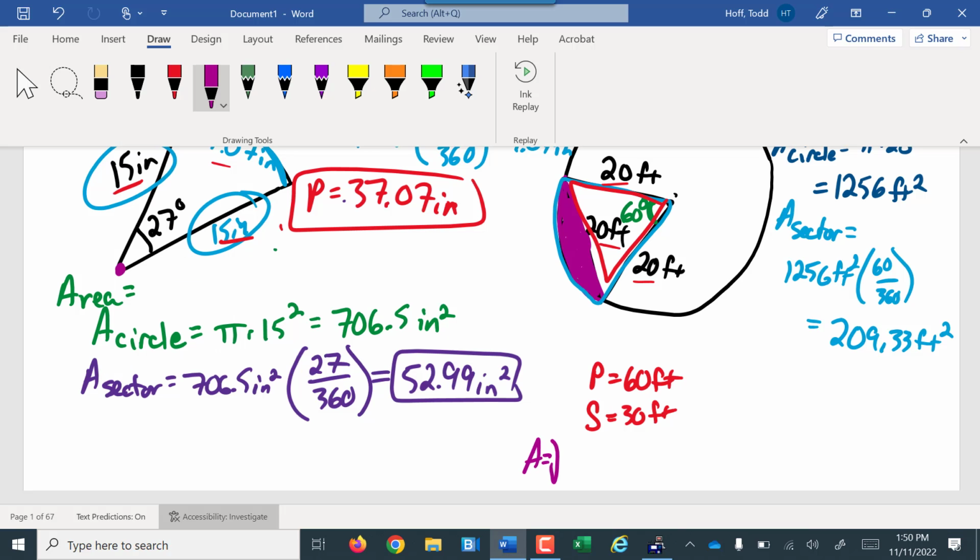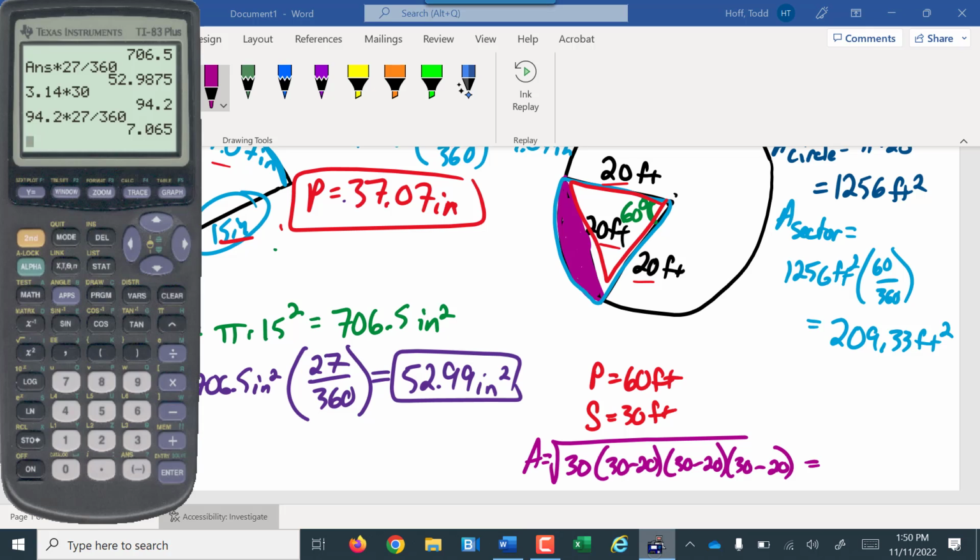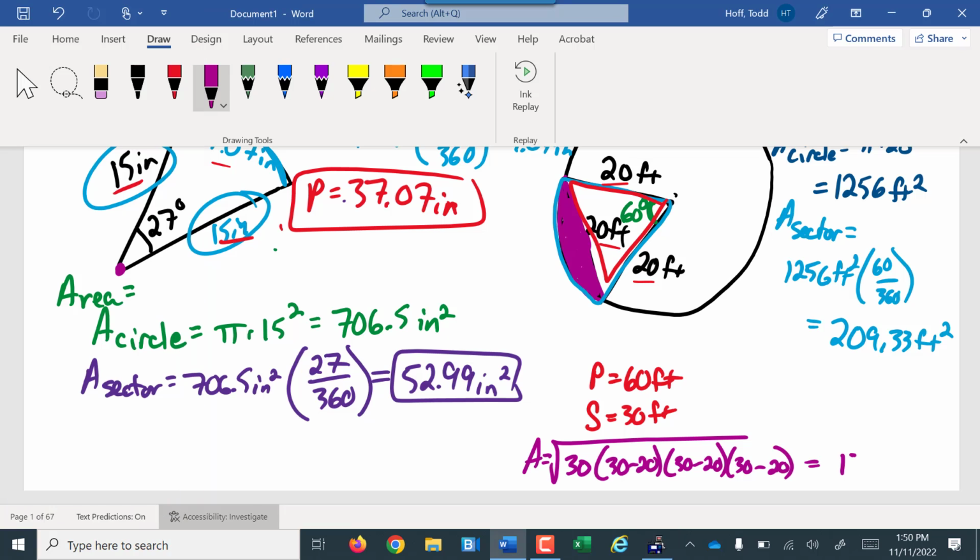So an area of the square root of 30 times 30 minus 20 times 30 minus 20 times 30 minus 20, which is 173.21 square feet.